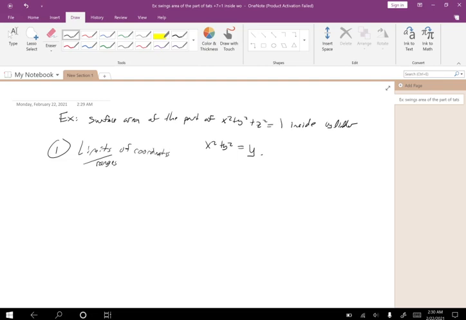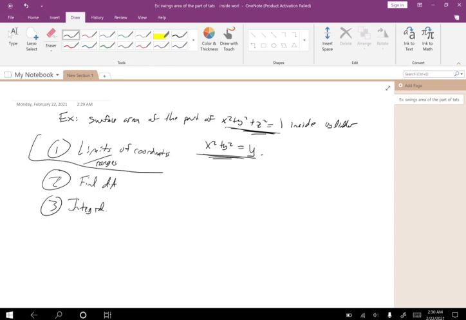You also need to know what coordinates to use, but it should be kind of obvious that some sort of cylindrical or polar thing will be useful. And then second, you'll want to find the dA associated with this. And finally, you want to do the integral, and that's the easiest part. It's just mechanical. But this is somewhat hard to see at first glance.